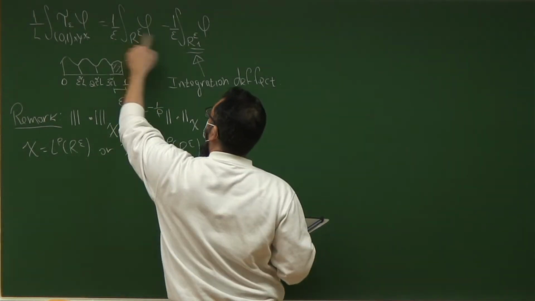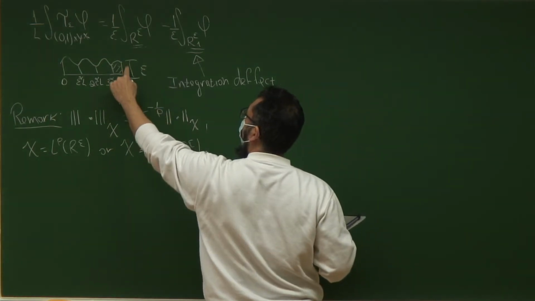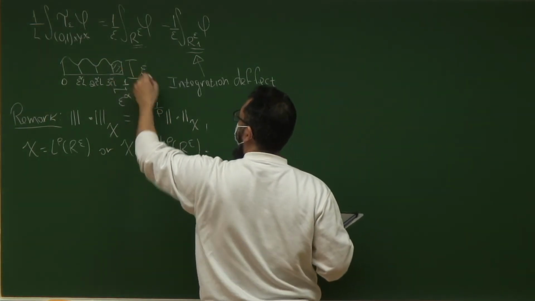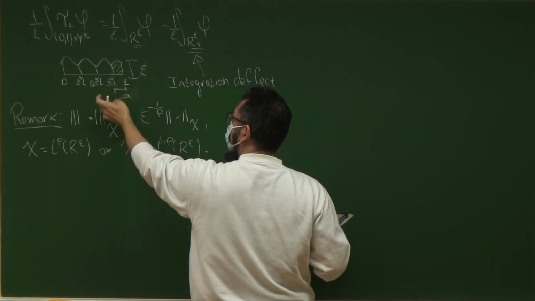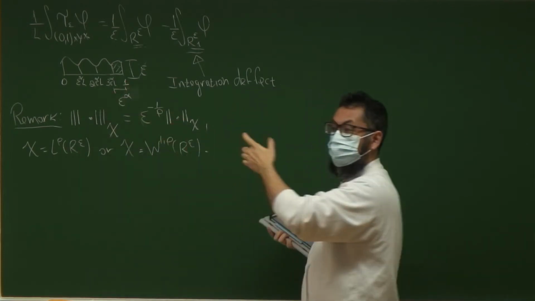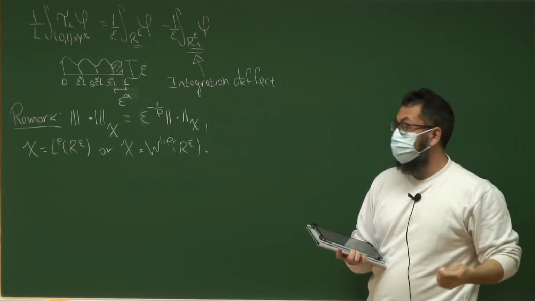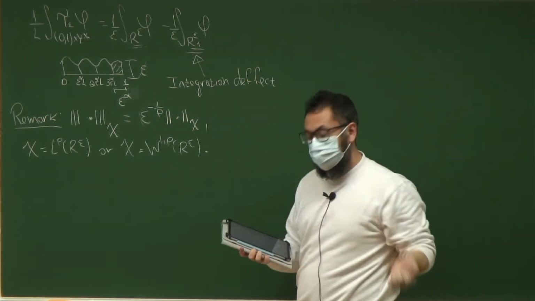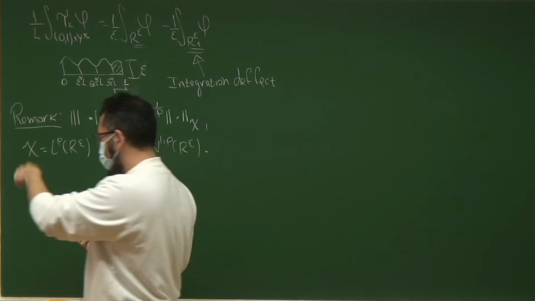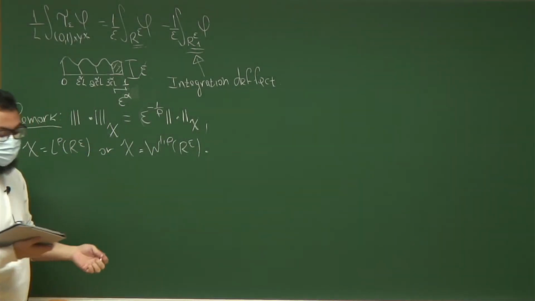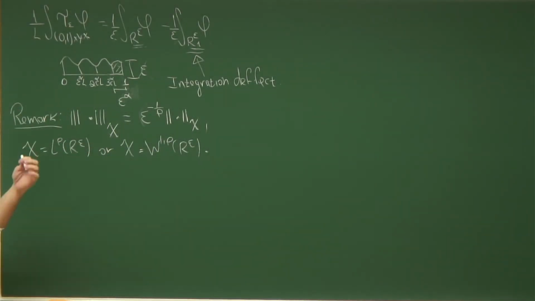This outside will somehow be cancelled by this one, and it will remain this part that will go to 0. Formally, this is basically the justification that this will go to 0, okay? When you rigorously try to prove it's a little bit more.